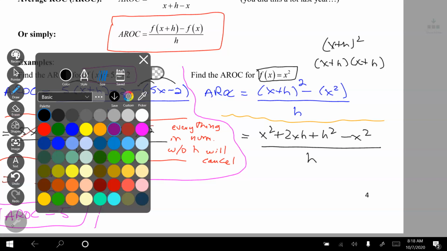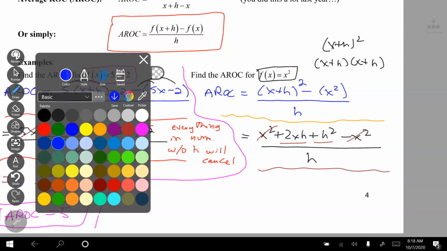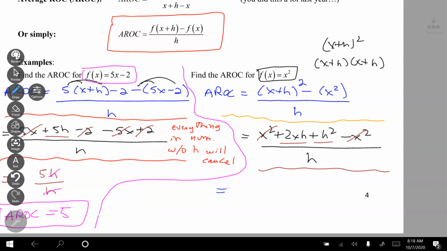The best step ever, things start to cancel. Does it have an x? No, it's got a buddy. Has an x, doesn't cancel, has an h, doesn't cancel, has an h, doesn't cancel. So now I have 2xh plus h squared over h. And if you want, you can factor out an h.